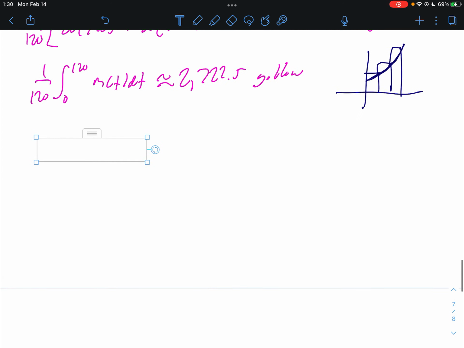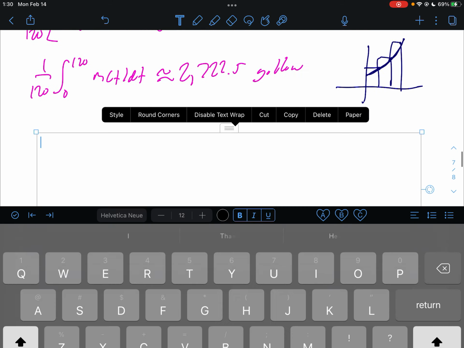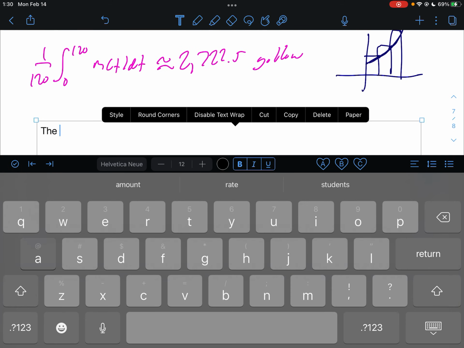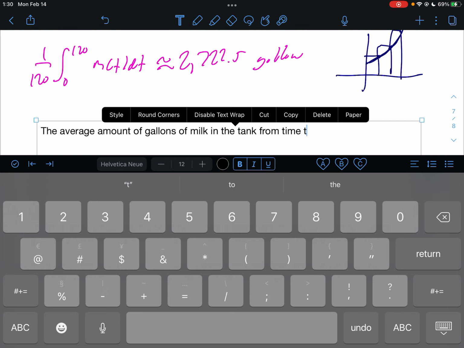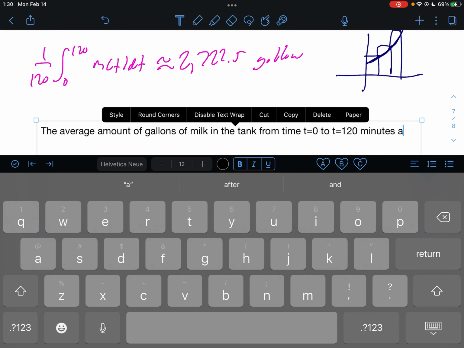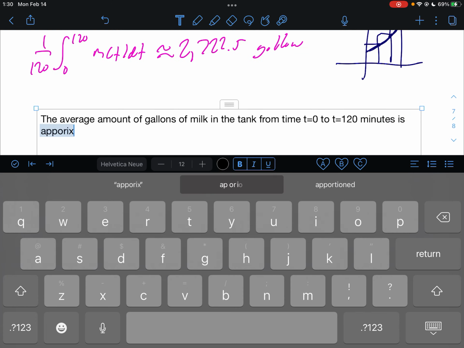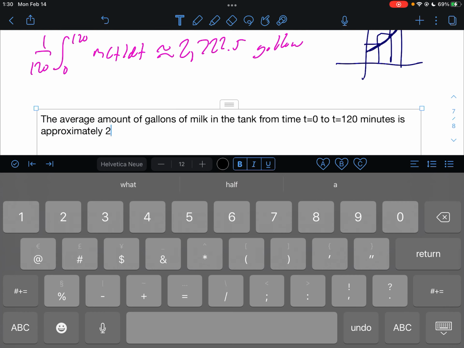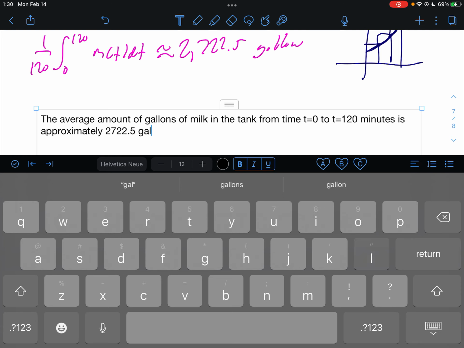Okay, so I'm going to type this out because I don't feel like writing this all out with my bad handwriting here. The average amount of gallons of milk in the tank from time t equals 0 to t equals 120 minutes is approximately 2722.5 gallons.